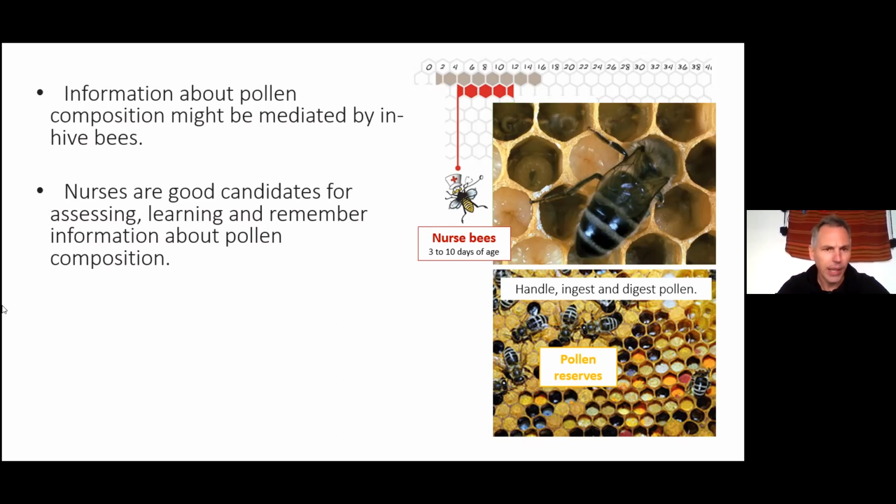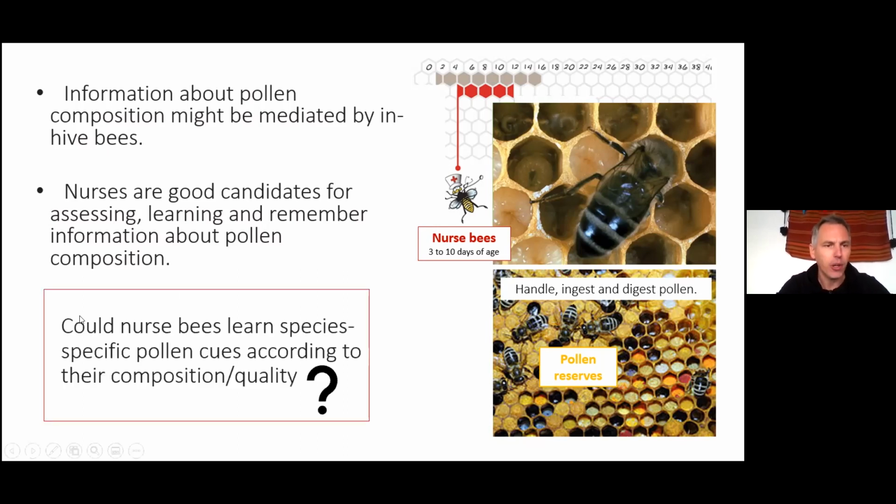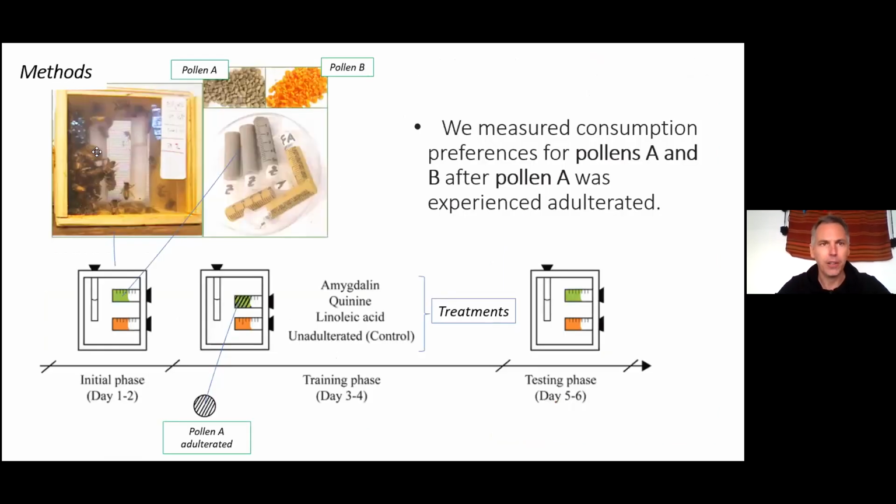So the next and last question of the talk is whether or not nurse bees could learn specific cues according to their composition or quality. Rocio performed this experiment using bees reared in the laboratory, taking a comb with sealed brood.